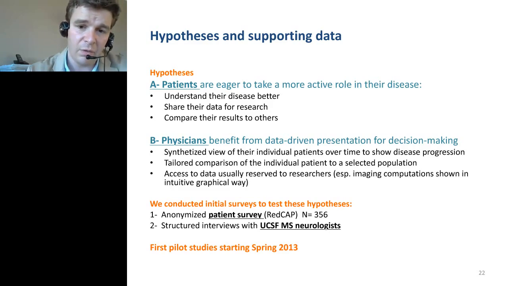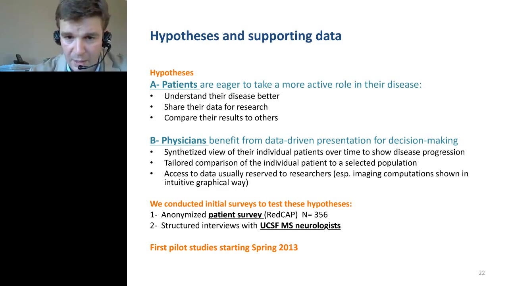And we did the same with physicians. We also thought that would really enable data-driven presentation of disease features for decision making, because the data is all here at hand, because we provide tailored comparisons that are actionable, and eventually we give access to data that are typically not so easy to get, like something that we compute from brain MRI, the annual change in brain atrophy.